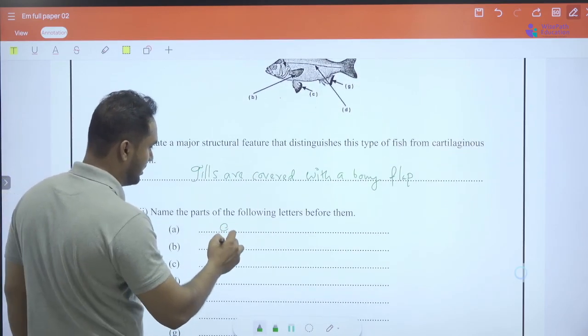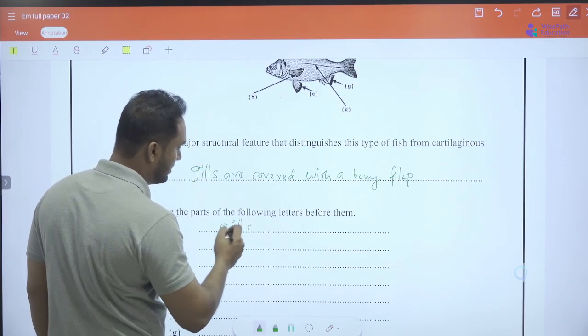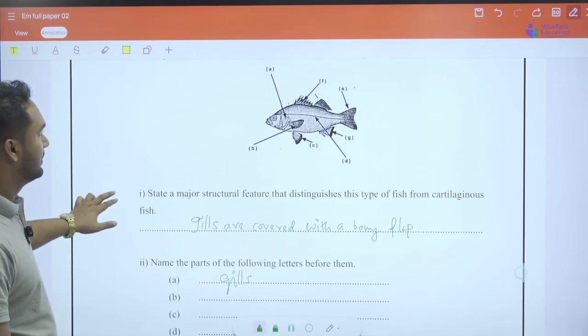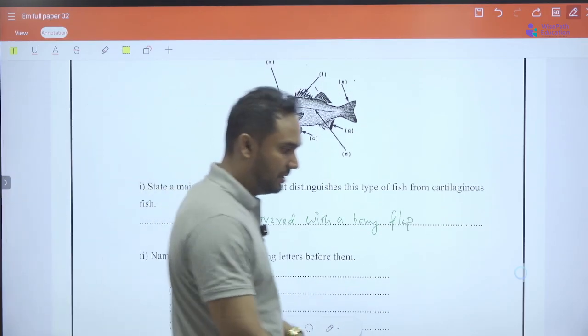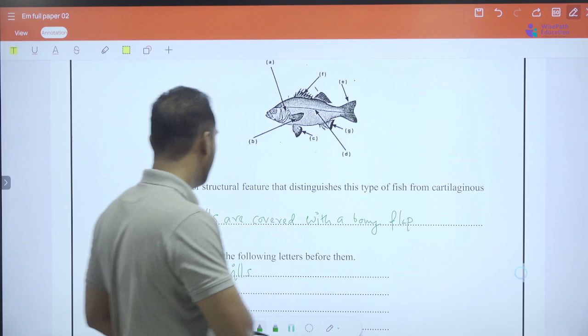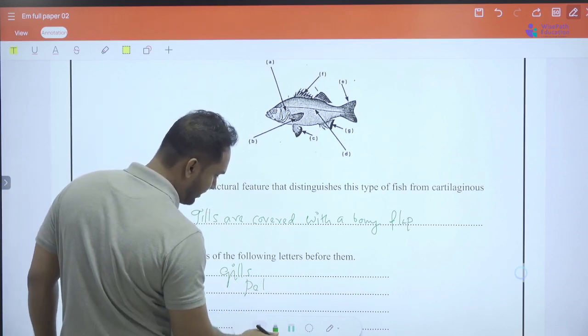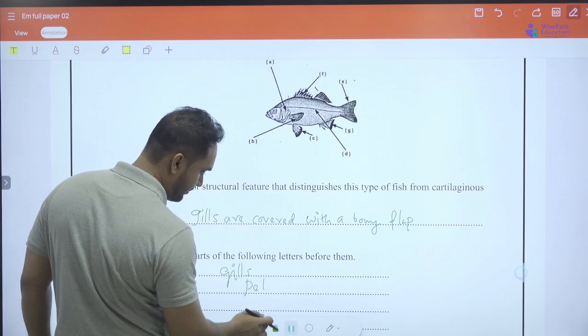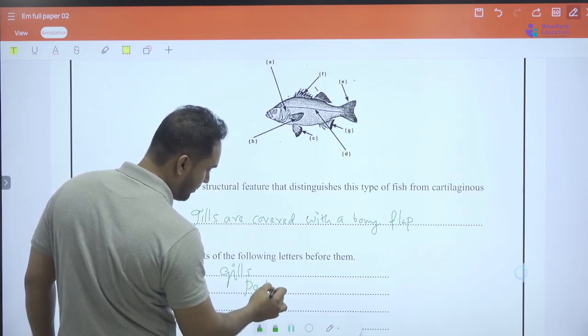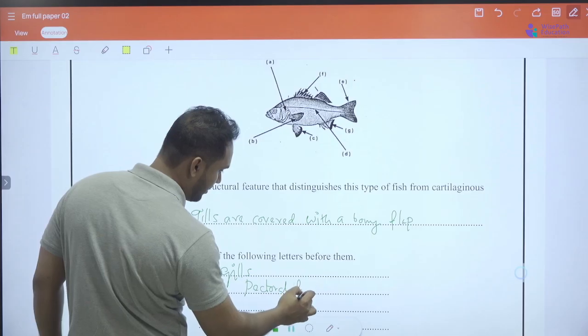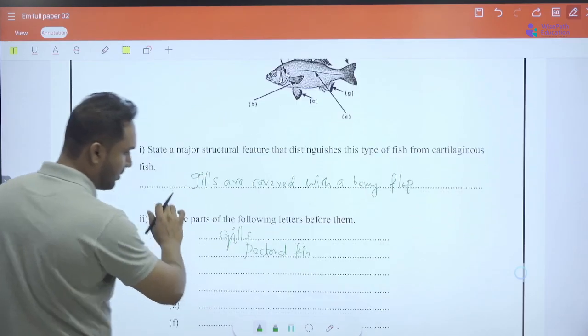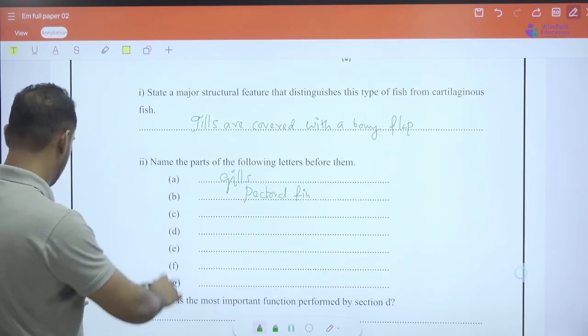That is gills. B is the pectoral fin, right? That is the pectoral fin.